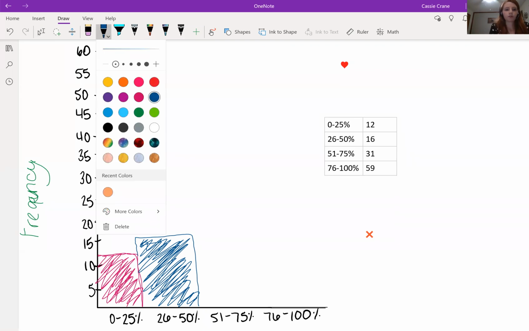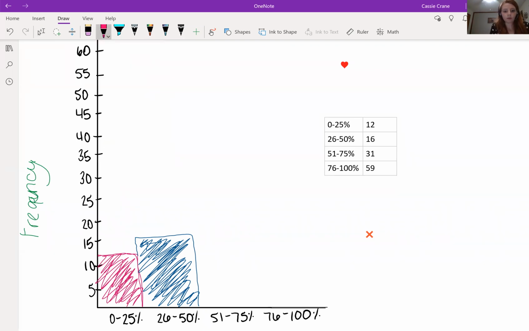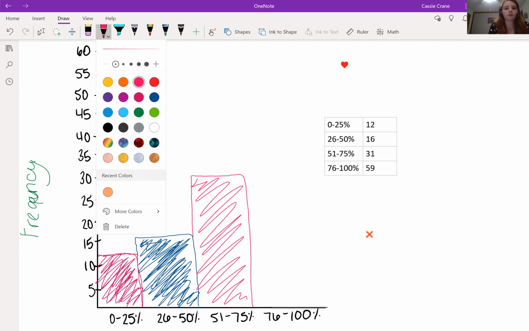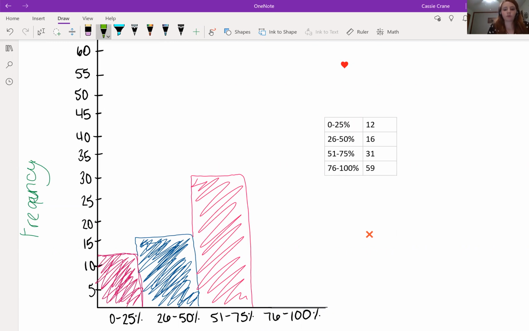So I'm going to go a little bit above 30 up here. And then lastly, for 76 to 100%, I'm going to go to 59, so right under my 60 marking. And then shade that in.